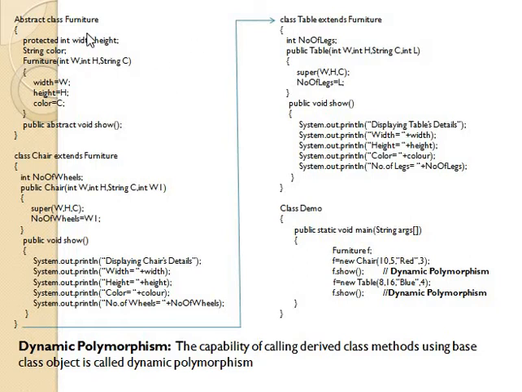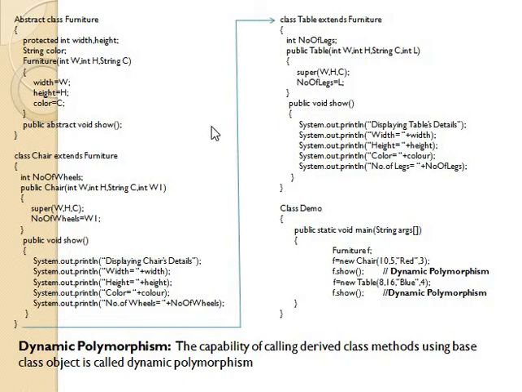Now in this Java program there are data members width, height, number of wheels, then number of legs. All these data members will be allocated certain memory spaces for holding or assigning certain values, and this takes place only during the compilation process. And during this process of compilation, if the object associates itself with the methods, then this form of association is known as the static binding or the early binding.